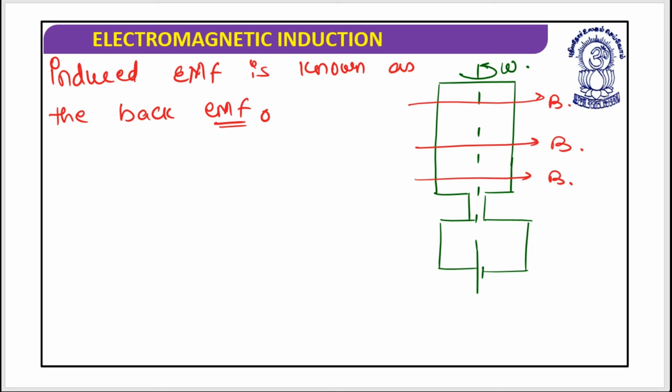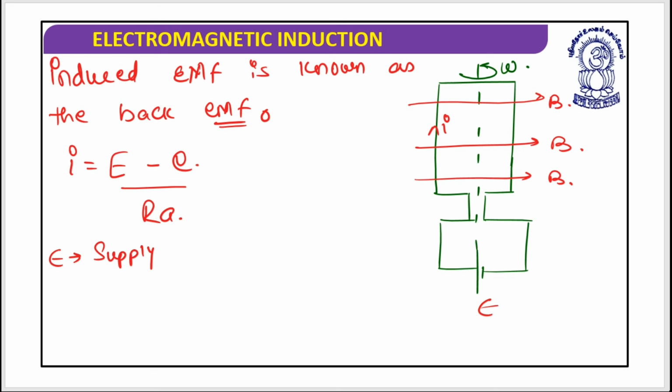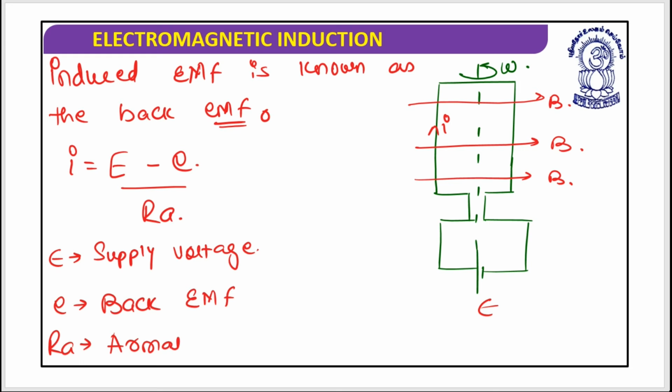So the current through this could be written as I is equal to E minus E divided by RA, where E is the supply voltage that you have provided, this E is the back EMF, and RA is the armature resistance.